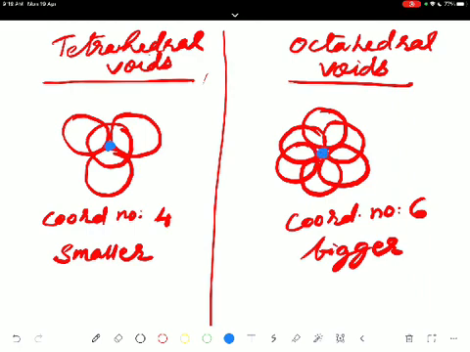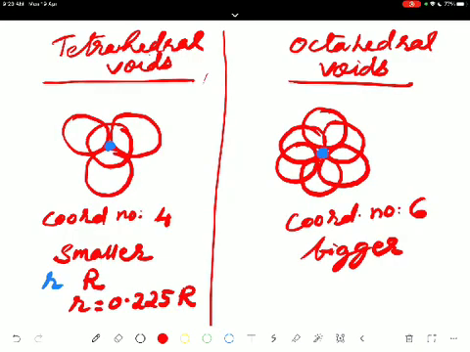If you consider the radius of that smaller cation as r and the radius of this bigger atom as capital R, then in the case of tetrahedral void, it is 0.225 capital R. That means radius ratio, small r by capital R is equal to 0.225.